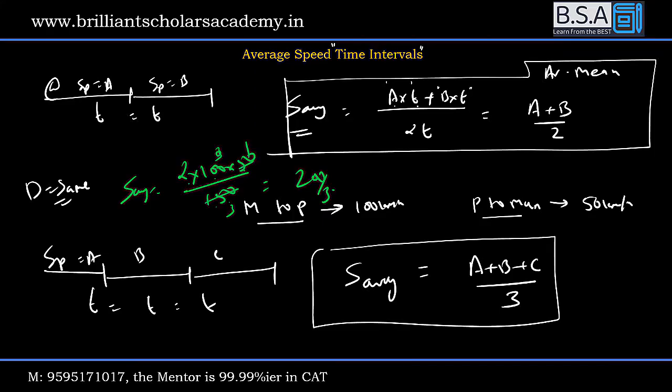A plus B upon 2, A plus B plus C upon 3. Done.